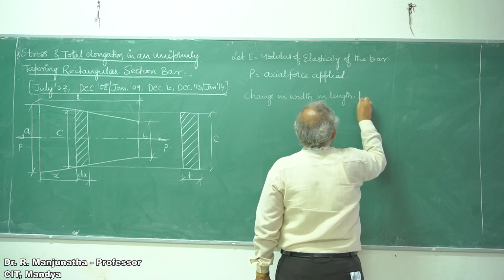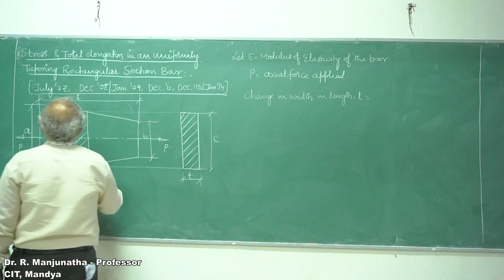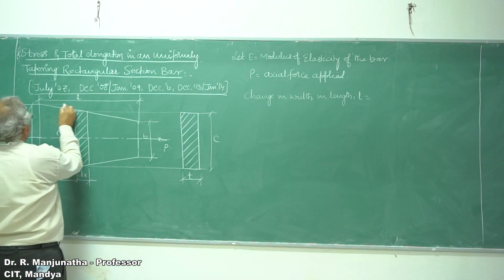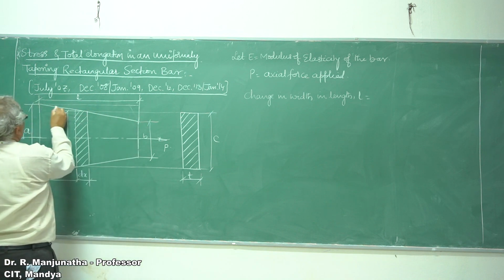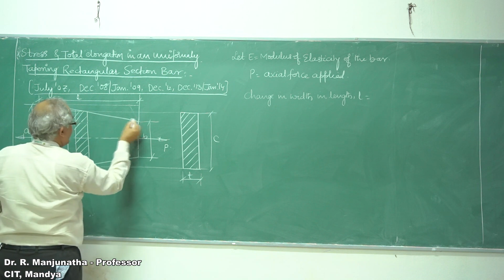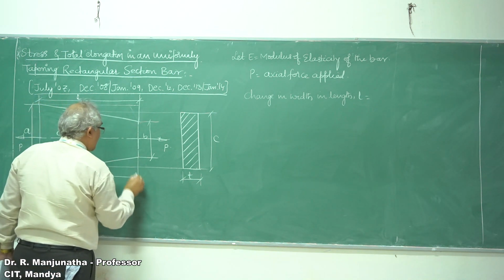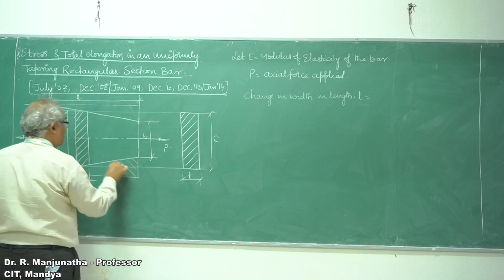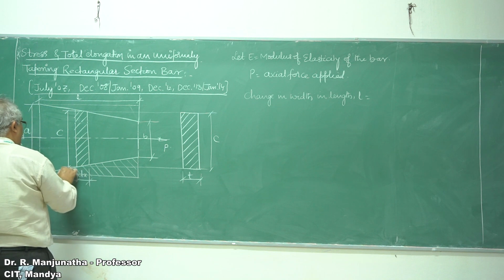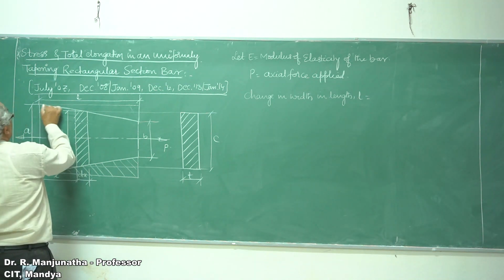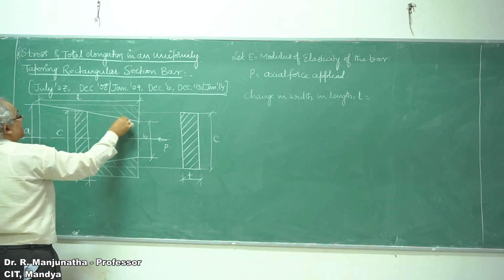So what is the change in width over the entire length? This is the section we have, and this is the actual material which we are removing. If it is a rectangular bar, this will be the condition.